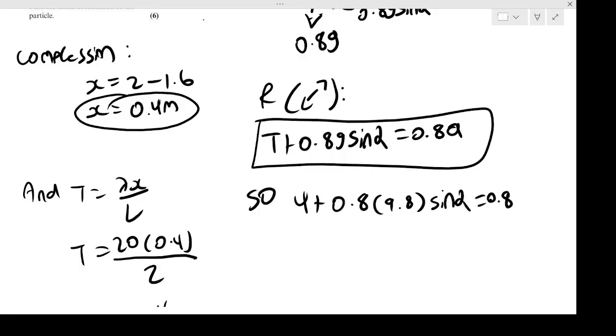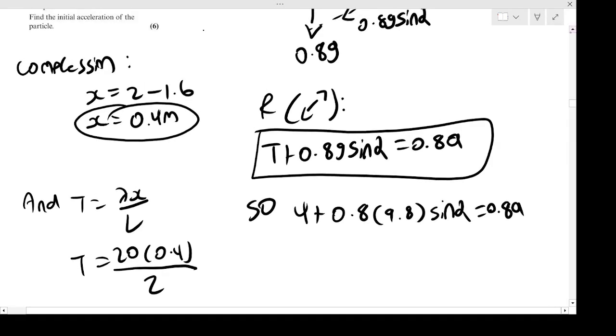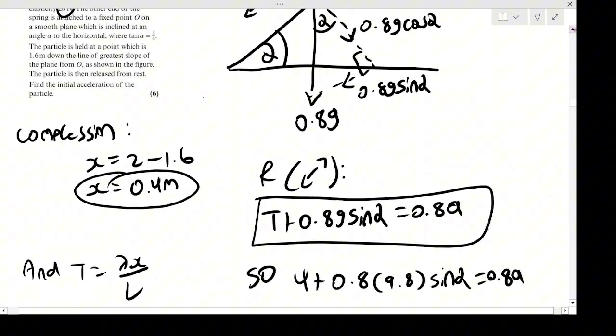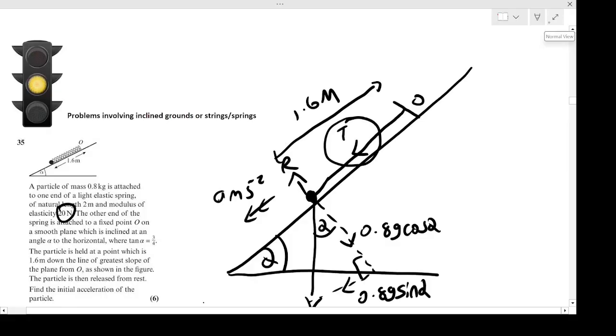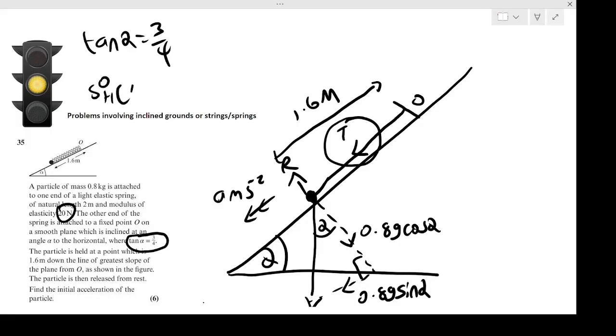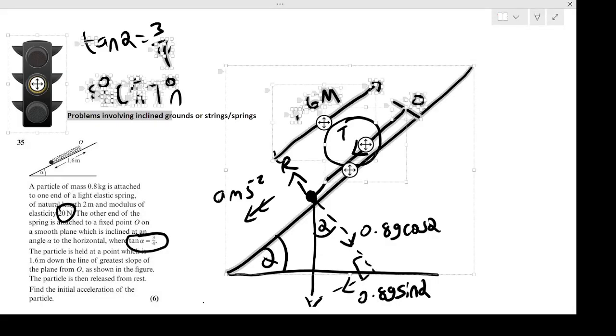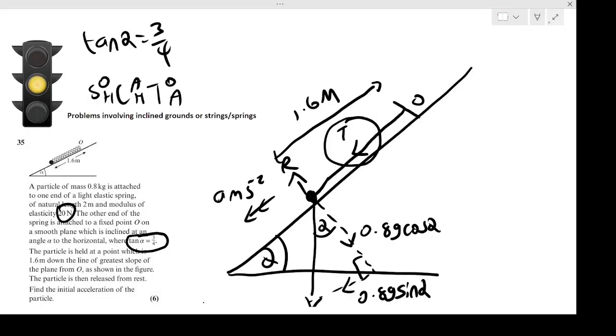is 0.8a. Now we can work out a value for sine alpha because we're given tan alpha is 3/4. Looking at SOHCAHTOA, if we draw a triangle with the angle alpha, the opposite is 3, the numerator, and the adjacent side is 4, the denominator.